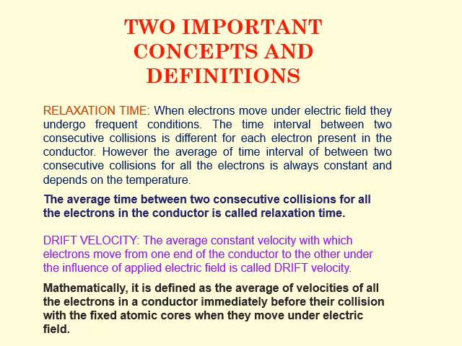Mathematically, we define drift velocity as the average of velocities of all the electrons in a conductor immediately before their collision with the fixed atomic cores when they move under electric field.